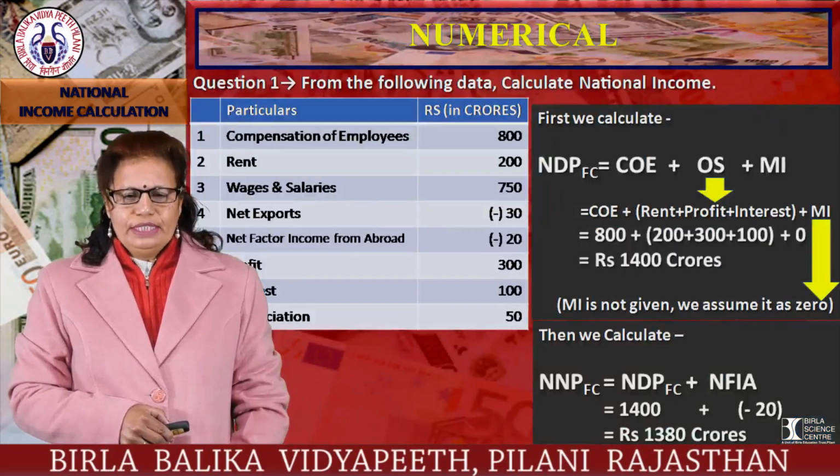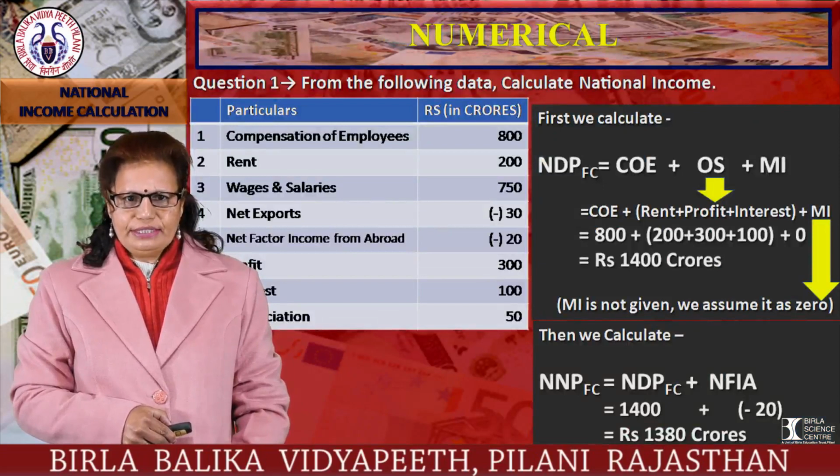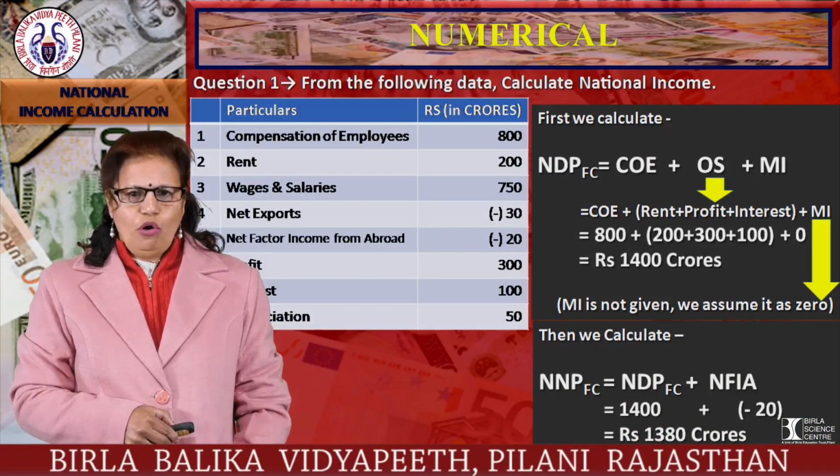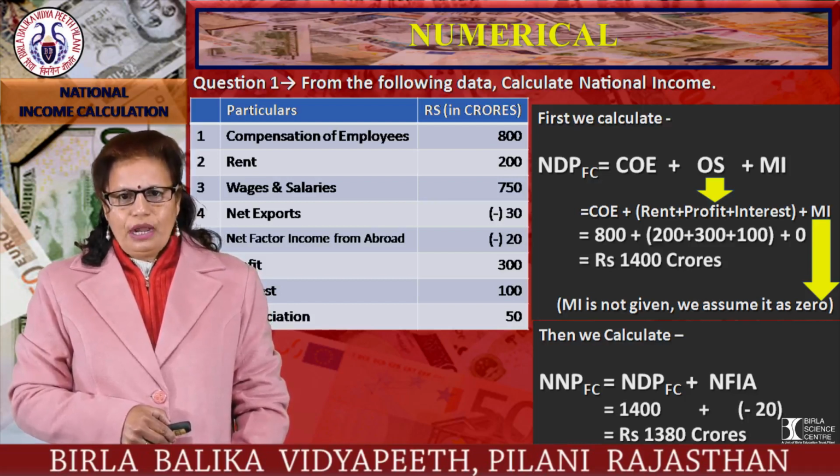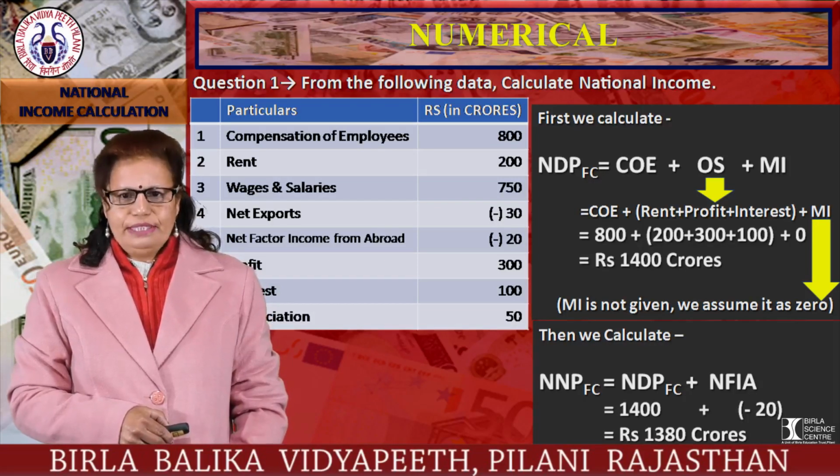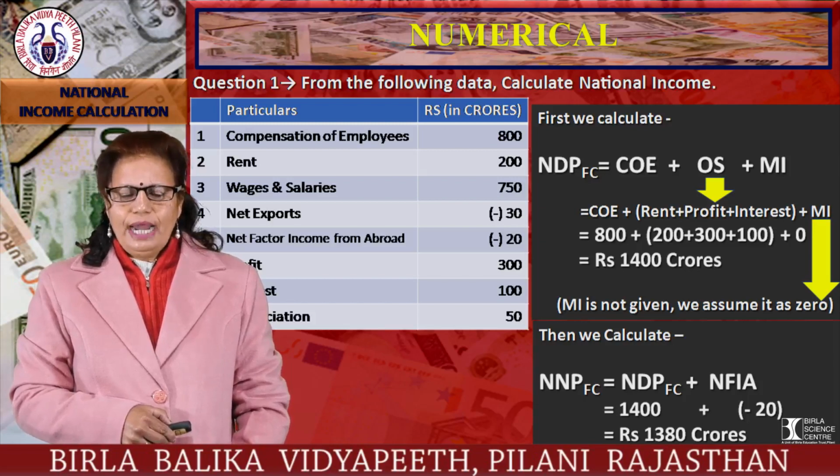So the numerical is being shown: compensation of employees, rent, wages, salaries, net exports. Now first of all, the first step is we should calculate NDP at factor cost by adding compensation of employees, operating surplus plus mixed income, and we will get NDP at factor cost, that is 1400 crores.